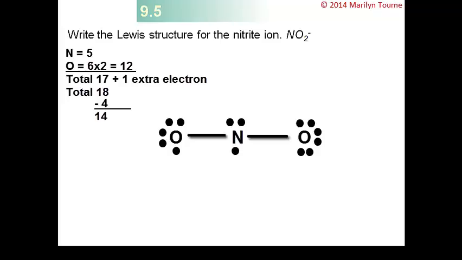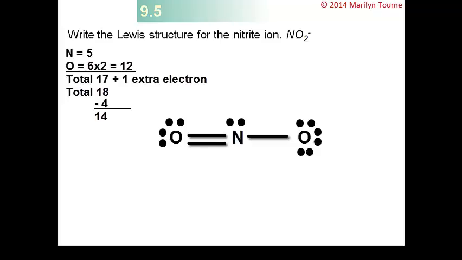Now I've got to ask myself, okay, let's see where I can make bonds, because obviously the nitrogen is not a complete octet and this oxygen over here is not a complete octet either. So I can go ahead and take this lone electron in the oxygen and this lone electron in the nitrogen and share a bond. So that would make it look like this.